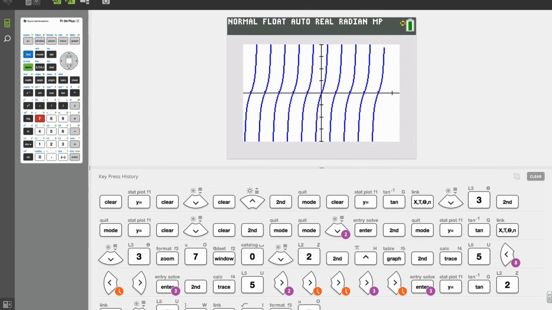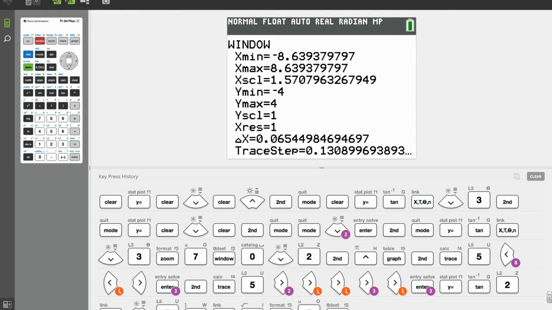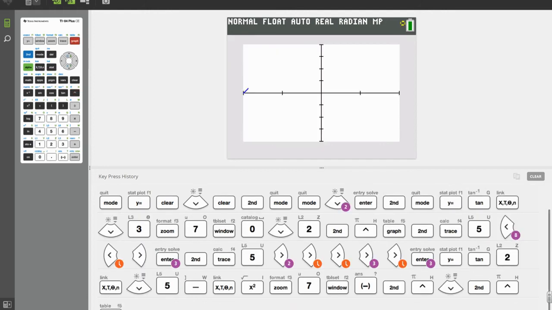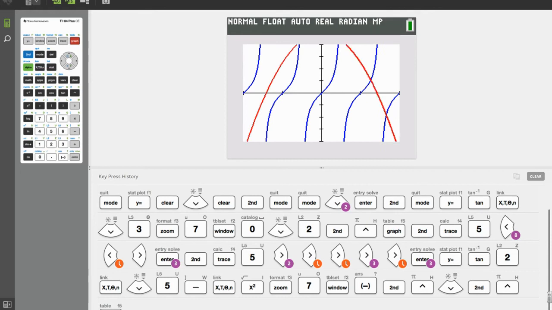And this time we're being asked to look at the graph to find solutions between negative pi and pi. So let's go to window. We're going to enter negative pi. And always use the pi button, don't round pi. Go to graph. Right now we have a better visual of what's happening between those boundaries.